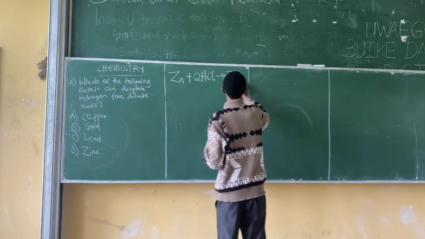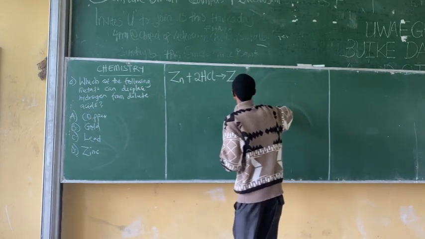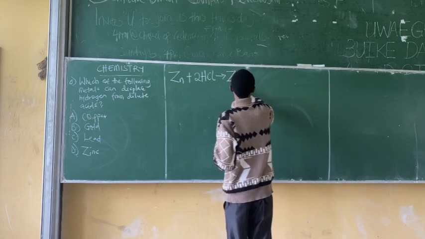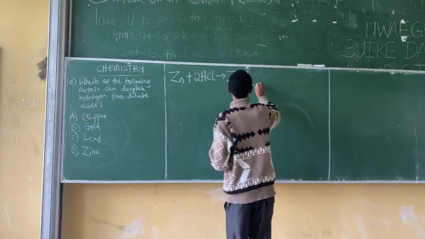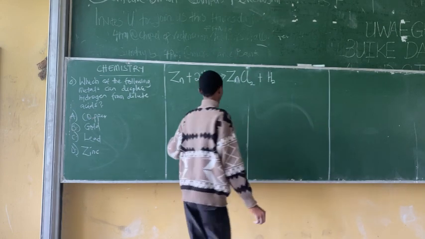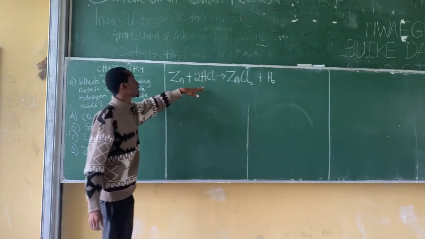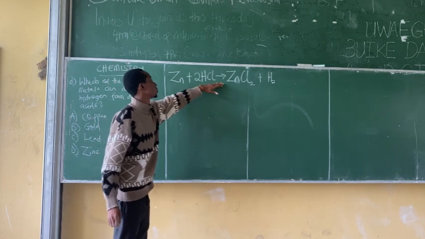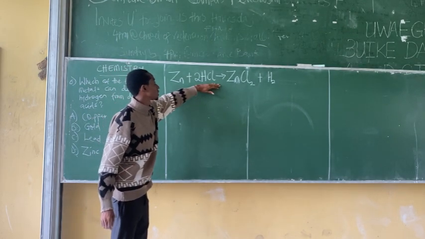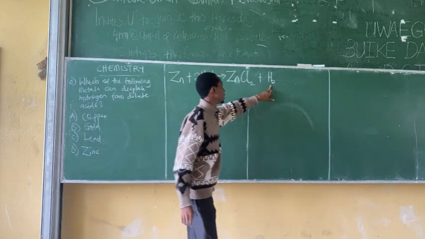We're going to have this plus H2. It has displaced, zinc here has displaced hydrogen from this equation. It has removed hydrogen from the hydrochloric acid, and then hydrogen is now standing alone.